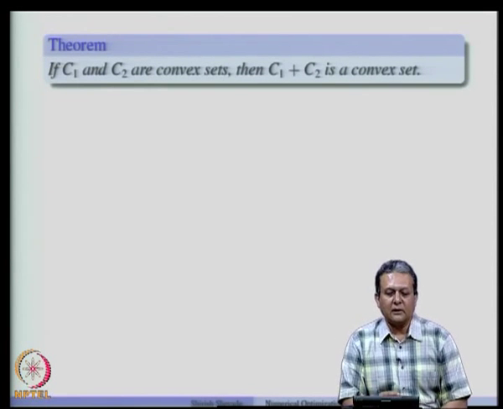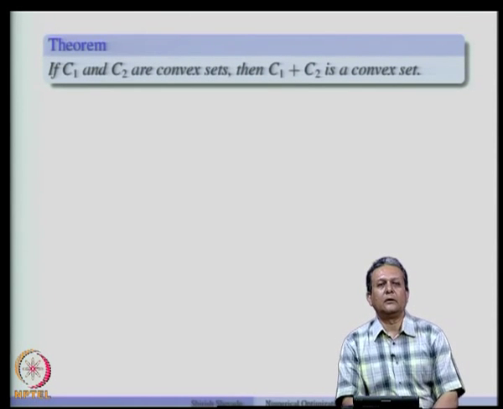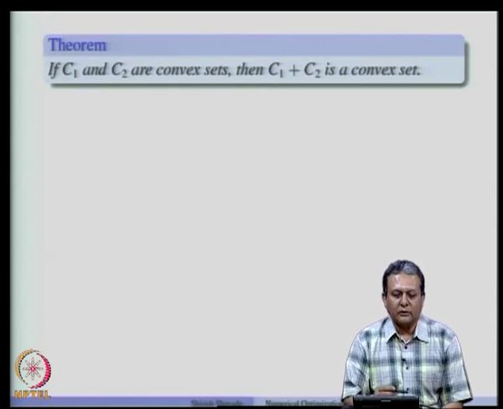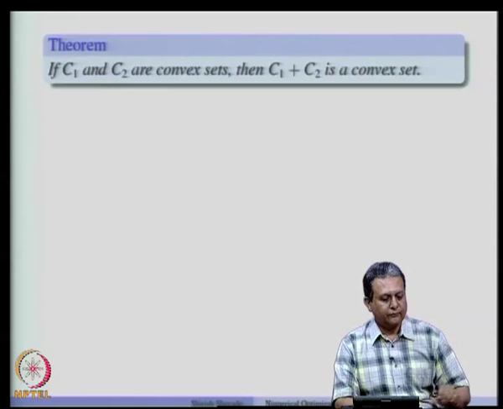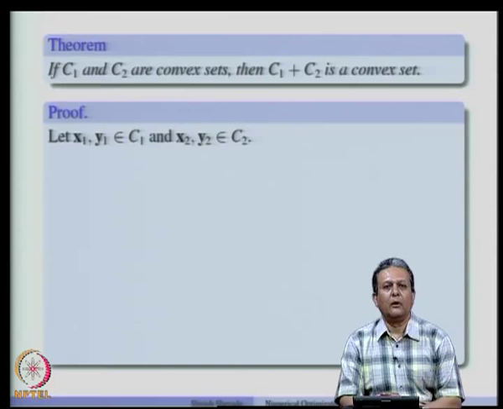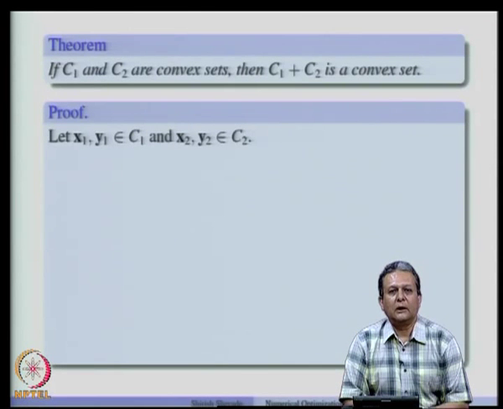Then the second result is about the sum of two sets. Suppose we are given C1 and C2 as convex sets, then C1 plus C2 is a convex set. As I said earlier, to show that any set is convex, we need to take any 2 points in that set and show that the line segment joining them lies entirely within the set.